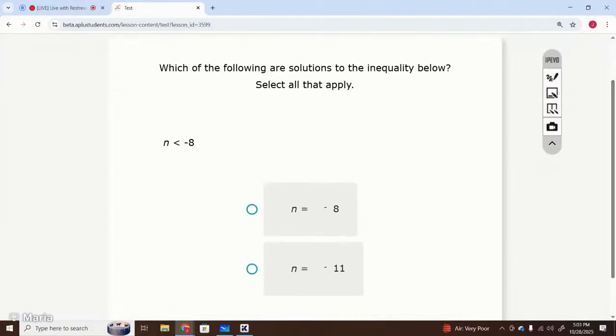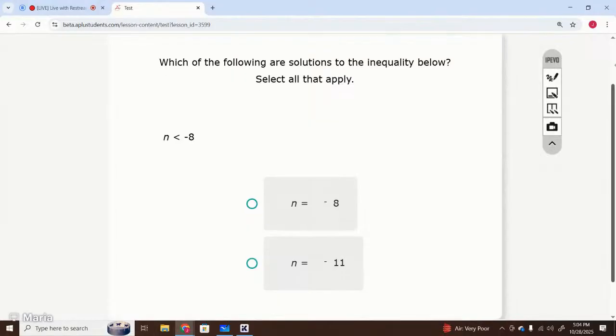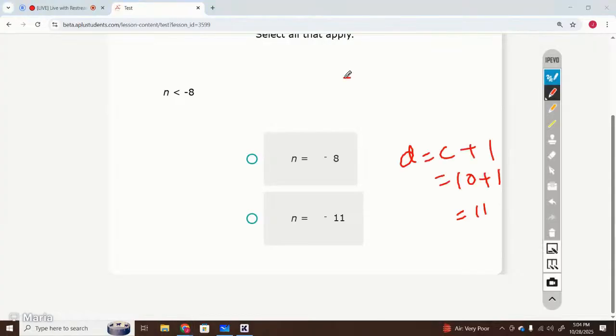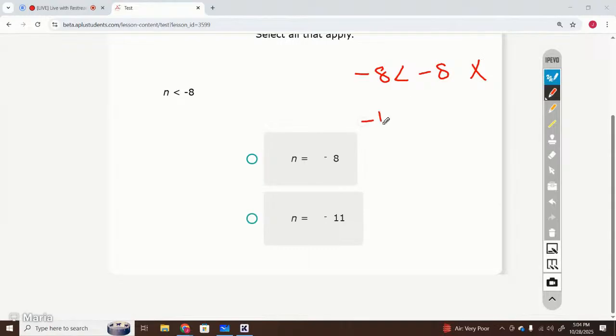Which of the following are solutions to the inequality below? N is less than negative 8. So we are given two of the options, that is negative 8 and negative 11, right? If you look at the first one, negative 8. Negative 8 is less than negative 8, false it is, they are exactly equal, right? Negative 11 is less than negative 8, that is true.